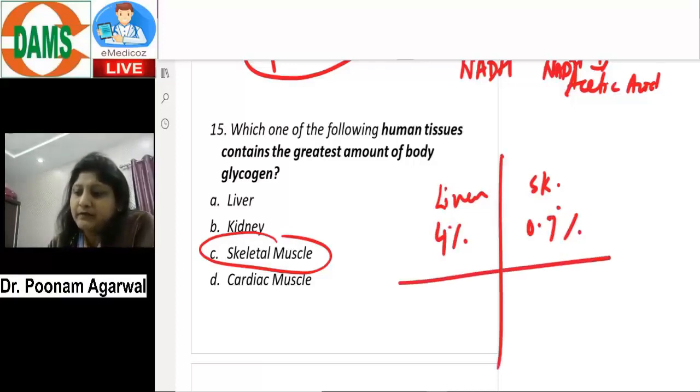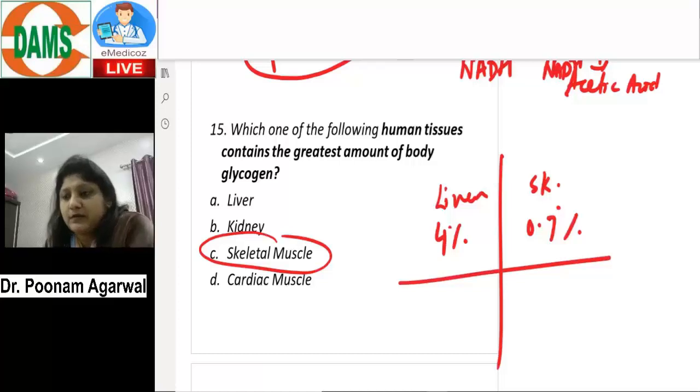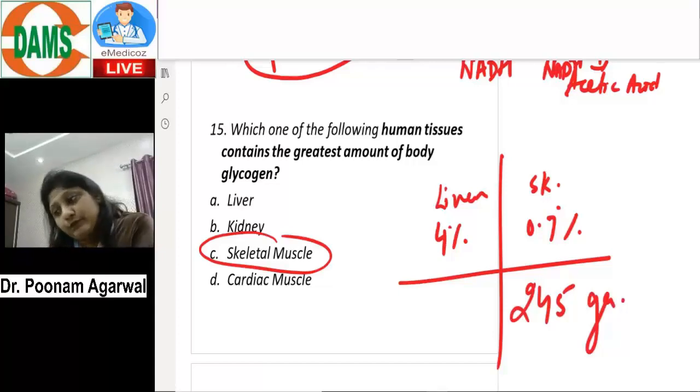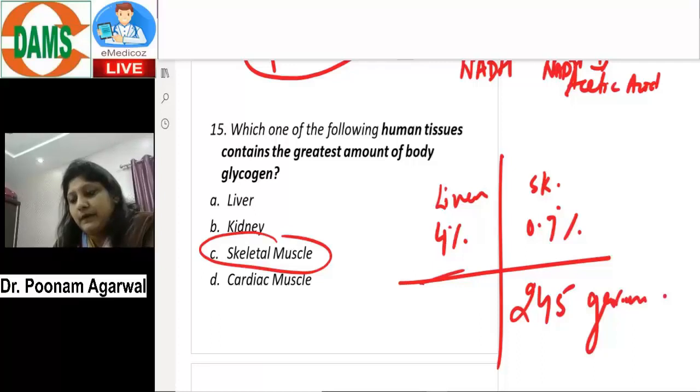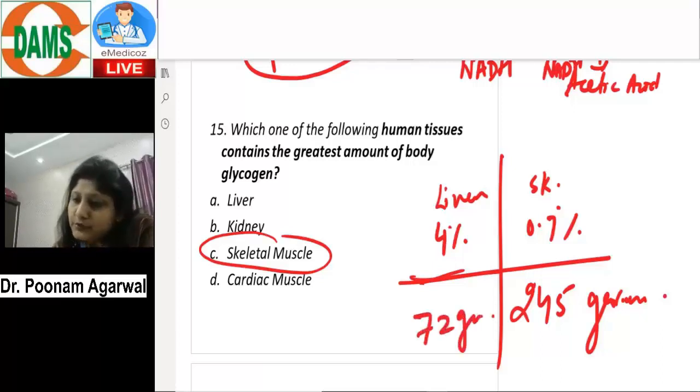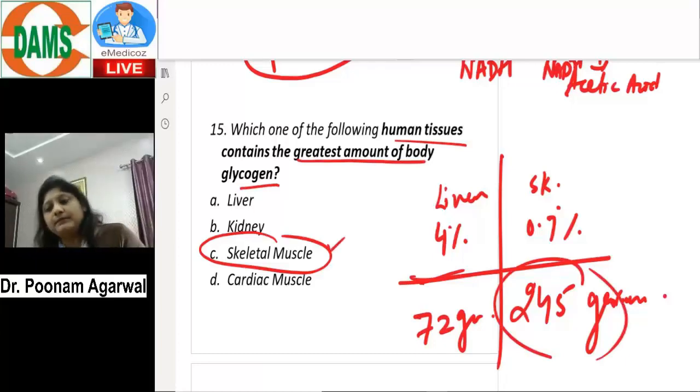But because we have more skeletal mass, the total amount of glycogen in skeletal muscle in toto is 245 grams, and in liver, depending on its weight, we have just 72 grams of glycogen. So in this question, being asked the human tissue containing the greatest amount of glycogen, obviously it's going to be skeletal muscle.